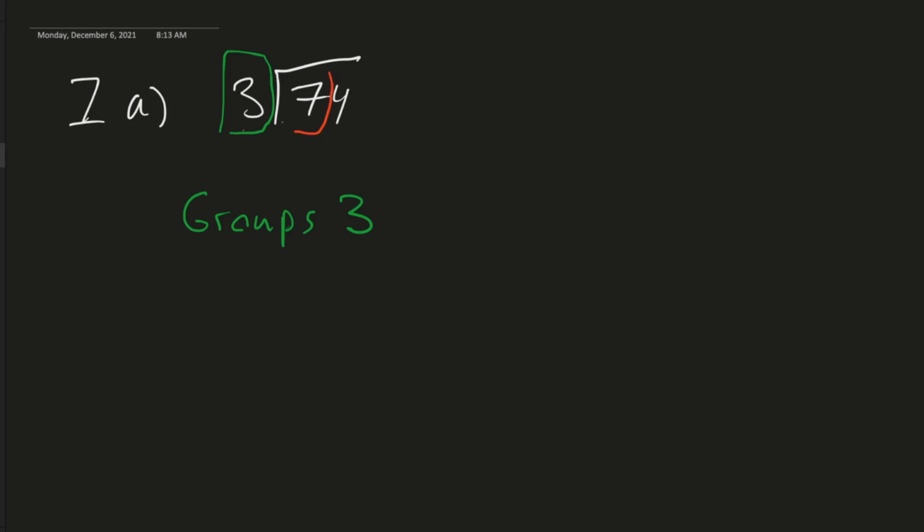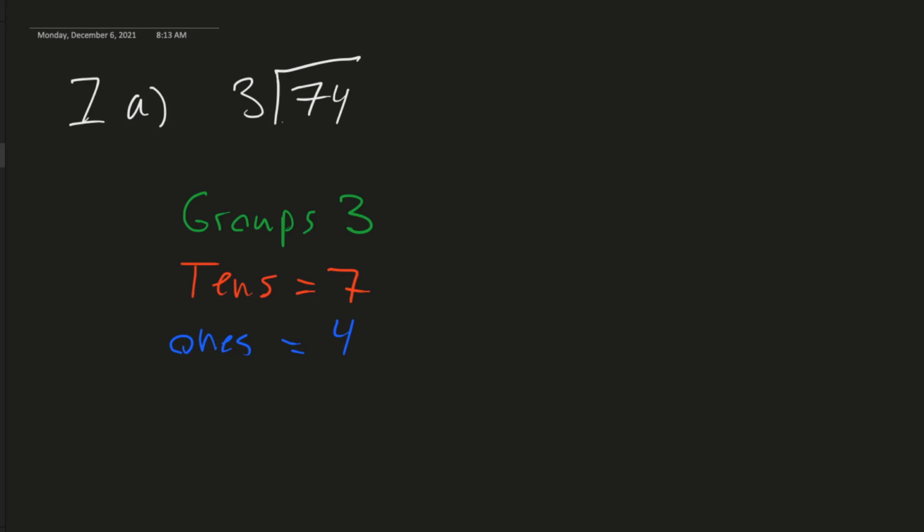Here we can see our 10s: 10s equals 7, and then our 1s right here equals 4. That is how that works.